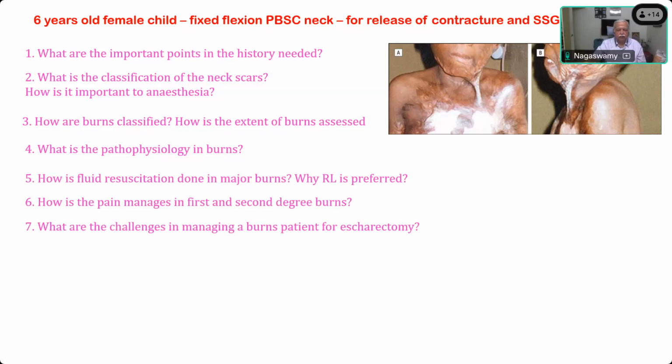slow IV infusion of 1 to 2 ml per minute and per hour. So 100 milligrams of tramadol, 5 milligrams of midazolam, and 100 milligrams of ketamine. 100 milligram tramadol is 2 ml, 100 milligram of ketamine is 2 ml.